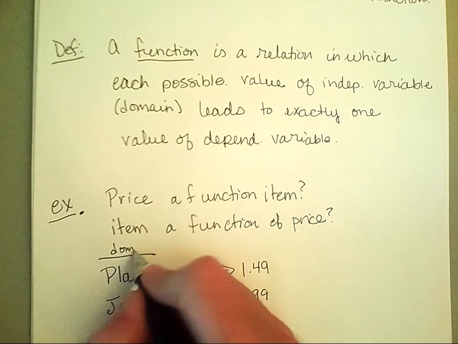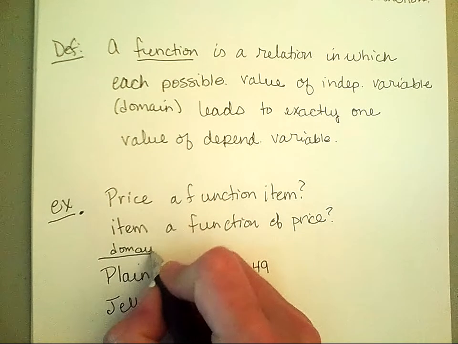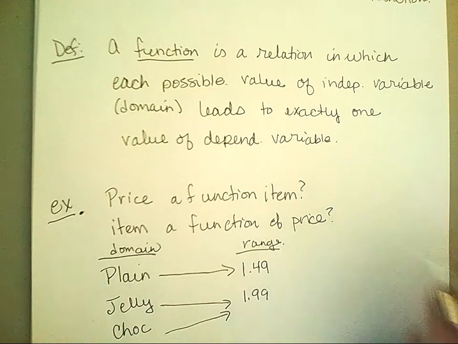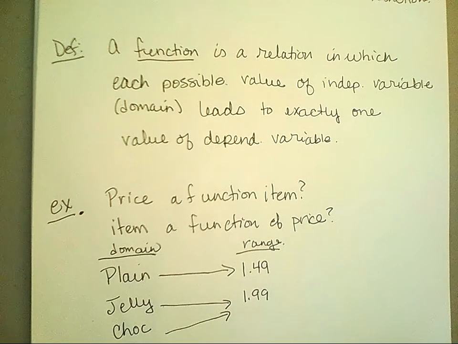So in this case, this mapping does represent a function, and we'll say this is the domain and this is the range. So the price here is a function of the item. The independent variable is the item. We'll do some more examples of finding this.